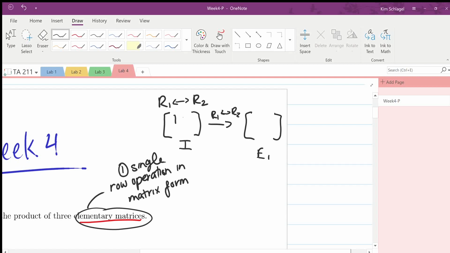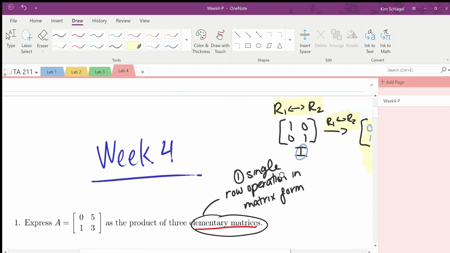So I have my identity here, and I'm switching row 1 and row 2. That's my operation, and I'm going to end up with just exactly that when I switch row 1 and row 2 in the identity matrix. So this right here, that's my elementary matrix corresponding to that row operation.